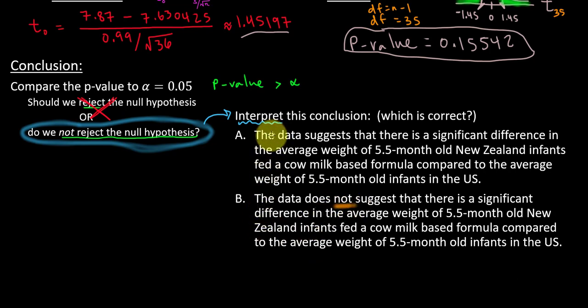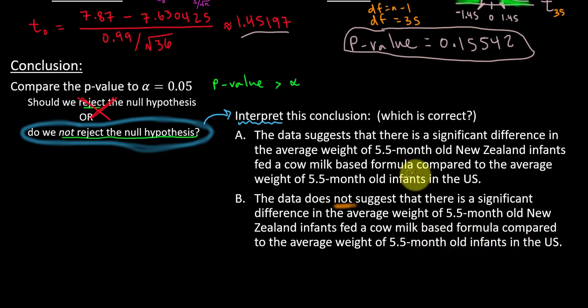Here, we're saying the data suggests there's a difference. Here, this is saying the data does not suggest that there is a significant difference in the average weight of the 5.5-month-old New Zealand infants who were fed the cow milk-based formula compared to the average weight, that baseline value from the CDC for the same aged infants in the US.